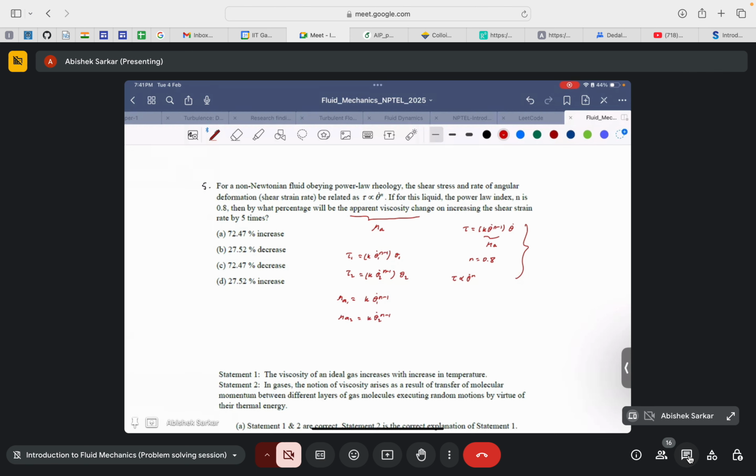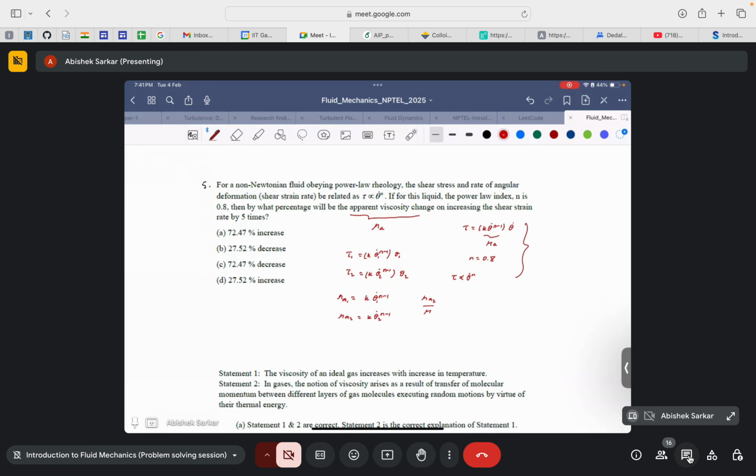Then you are told that mu a2 is, if you consider the final value of the apparent viscosity. Then you need to find mu a2 by mu a1.